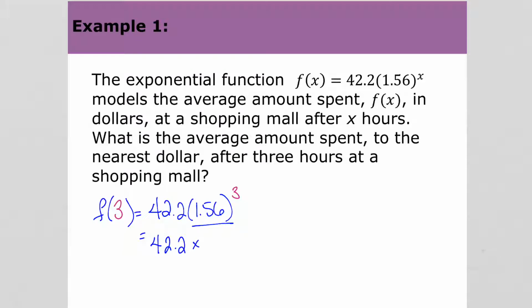I'm not going to write out 1.56 to the third because it's a really long decimal and I don't want to get rounding error. So we put it all in our calculator at once, or put the 1.56 to the third in first and then multiply by 42.2. And we should get $160.21 is the average spent after 3 hours at a shopping mall.